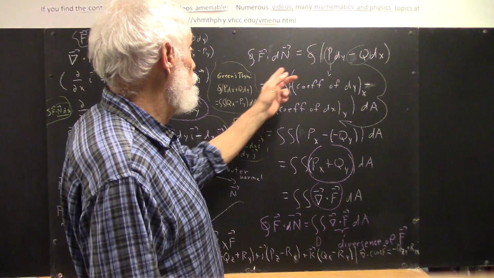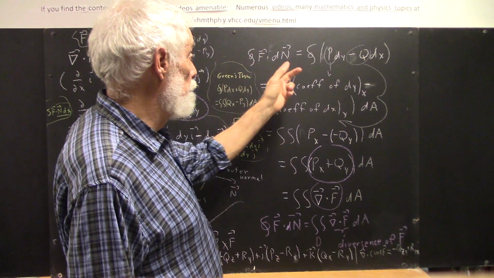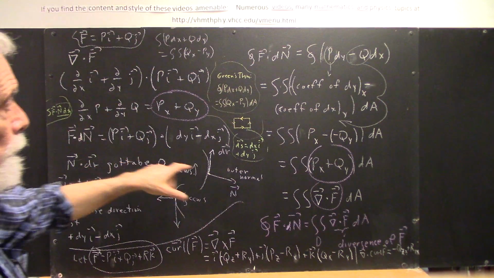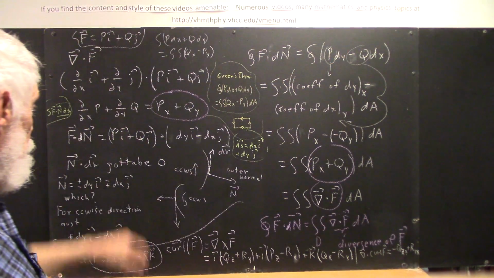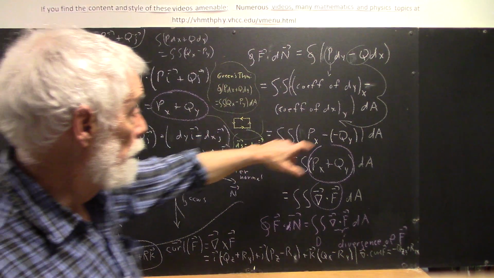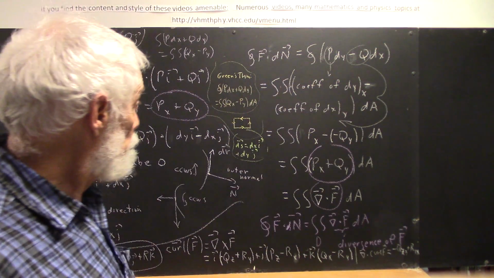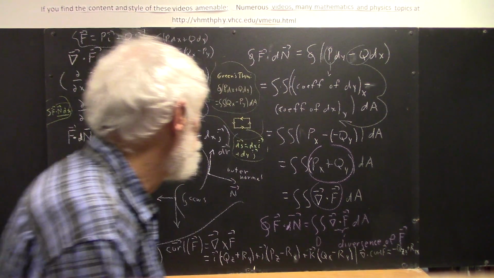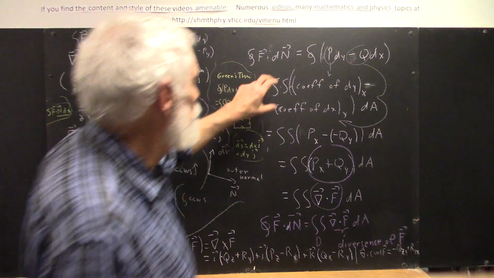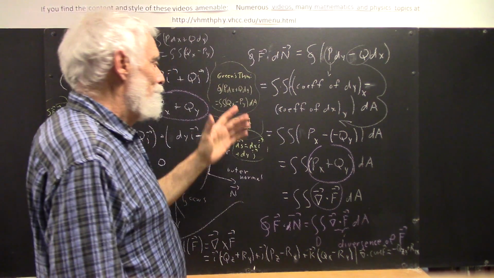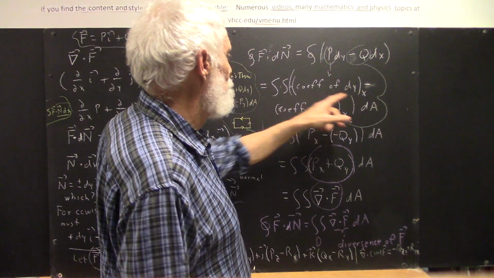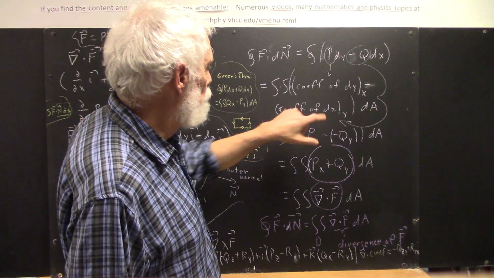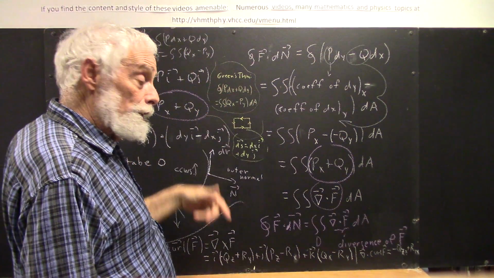Now, what then is our integral around the closed path of F dot dn? Well, P i dot dy i gives us P dy, and Q j dot minus dx j gives us minus Q dx. So our integral of F dot dn is the integral of P dy minus Q dx. And that's going to be equal to the double integral of the x derivative of the coefficient of dy, minus the y derivative of the coefficient of dx, for the same reasons I said before.